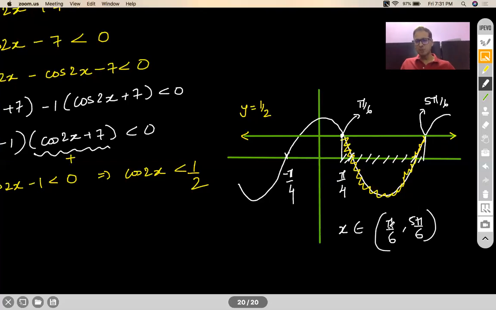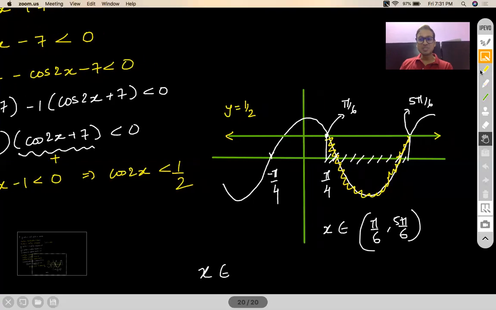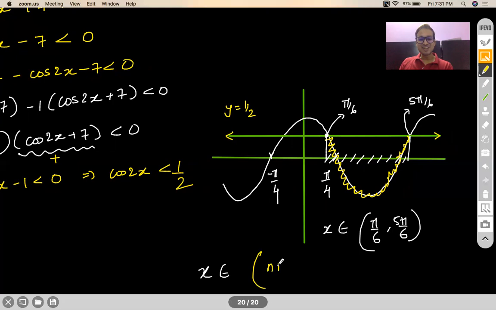So this is only in one interval. So how many such intervals will be there? For that you have to add the period of cos 2x. What is the period of cos 2x? Pi. Absolutely. I told you, for cos 2x you have to add a pi. So this is your answer, union of this for all n belonging to integers.